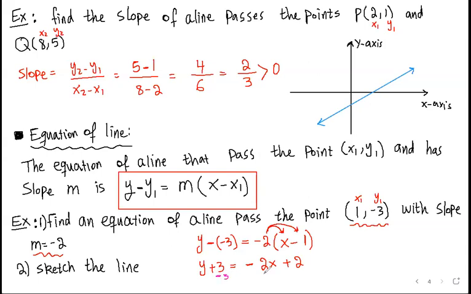So we subtract 3 here, we subtract 3. What do we get? Y equals -2x minus 1. Exactly. So this is my equation. My equation is y equals -2x minus 1.